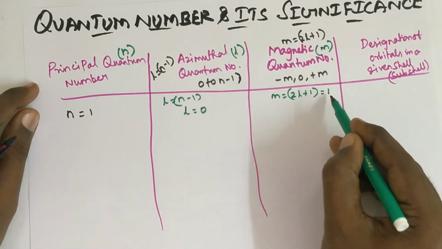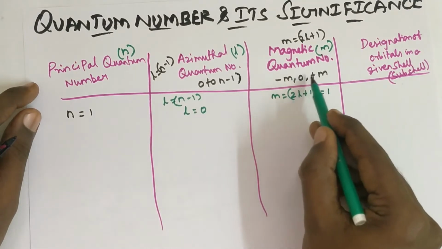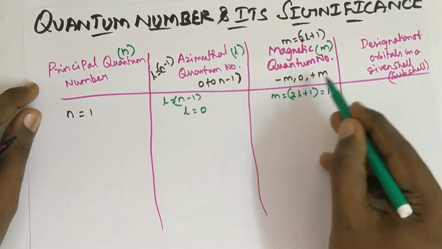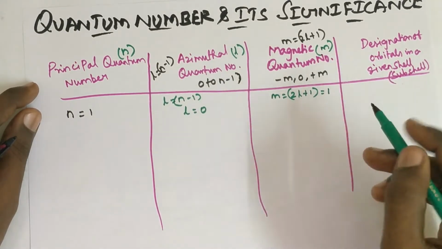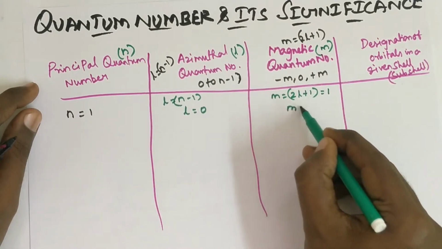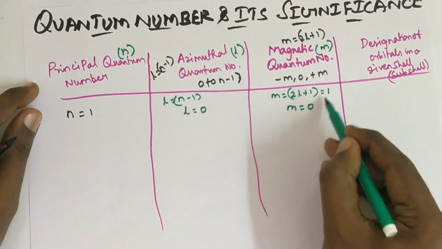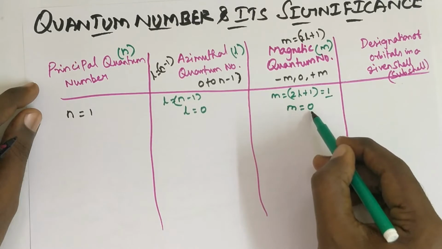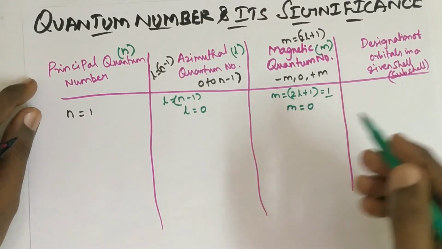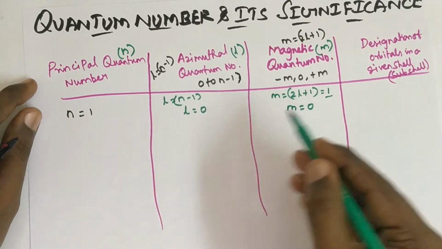So the m value is 1, meaning orientation is 1. Whenever we get a magnetic quantum number value like 1, 3, 5, 7, first you have to write the middle one, that is 0. So here m value is 0, but orientation is 1. After seeing some examples, you will understand this topic.